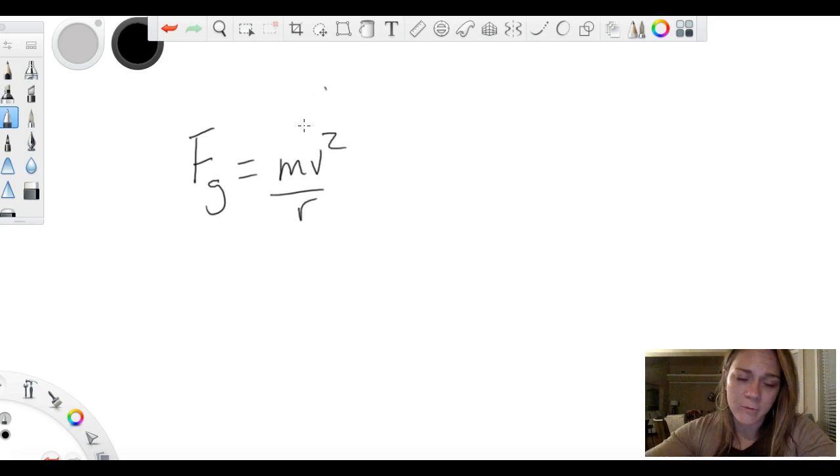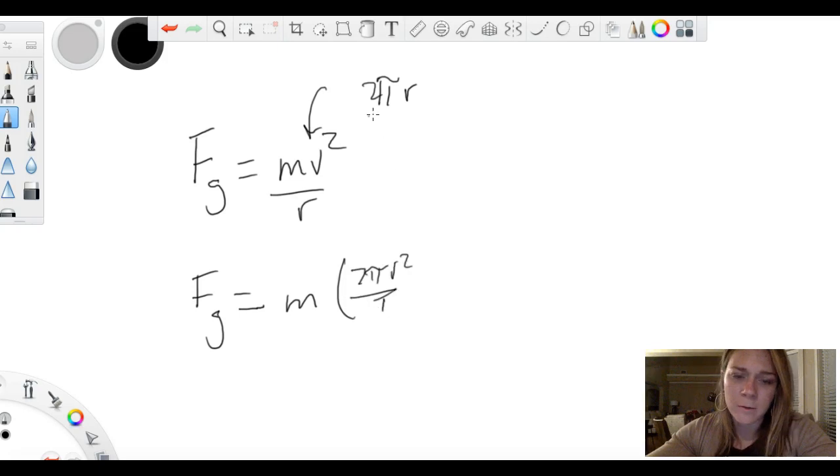If I plug in my 2 pi r there, then this becomes Fg equals m times 2 pi r squared over T, over r. And then, of course, you can square all this and then simplify.